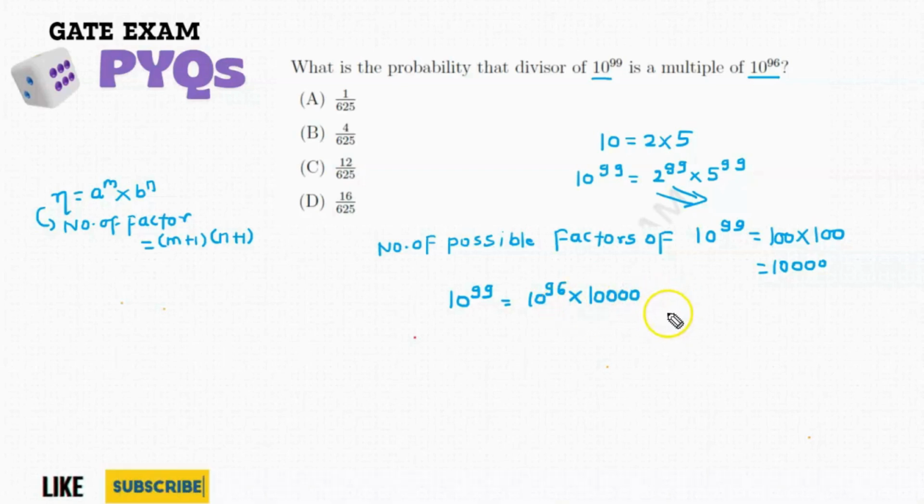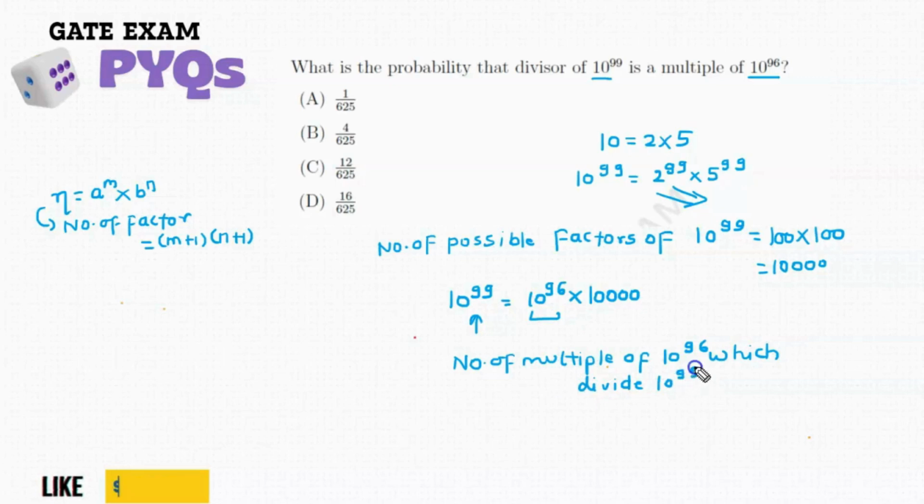Now, the number of multiples of 10 raised to 96 which will divide 10 raised to 99 will be nothing but the number of possible factors of this. And here one change: this is just 1000, correct? Because 10 raised to 96 we have already written.